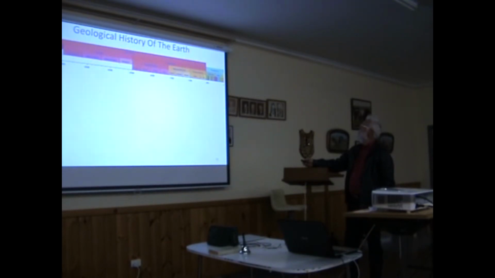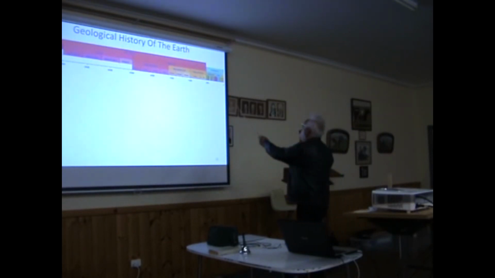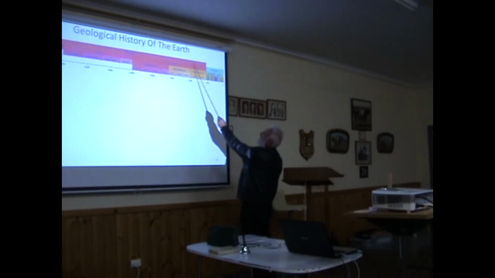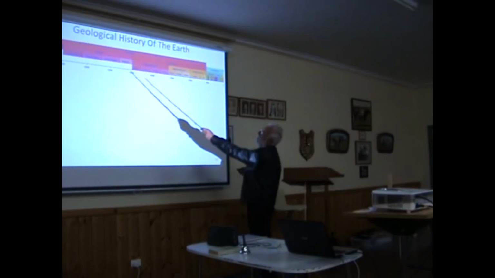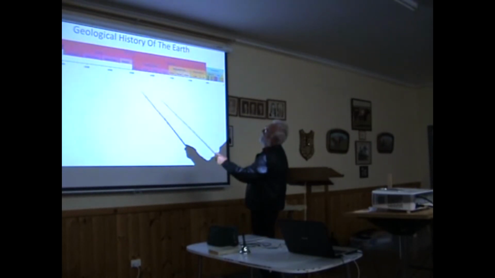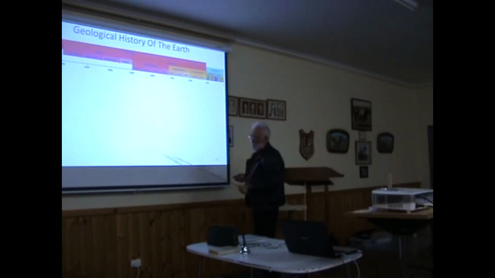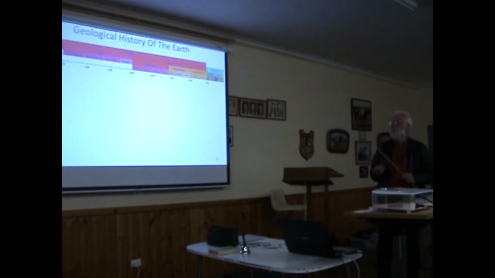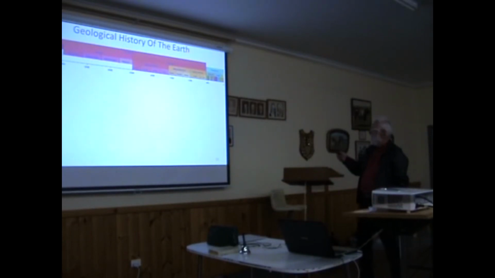So this is a complete history of the Earth. Here we are now. And it's of course broken into different epochs and eras and periods, etc. It's all subdivided, and the subdivisions are a bit arbitrary, but they're based mainly on what's going on, what kind of rocks have formed, what kind of life exists.